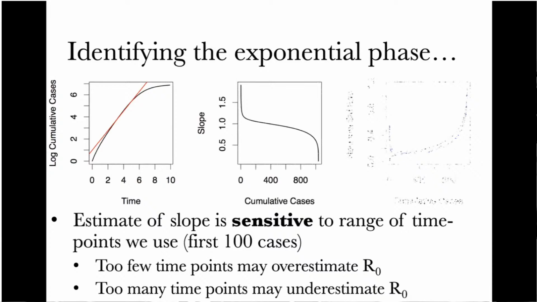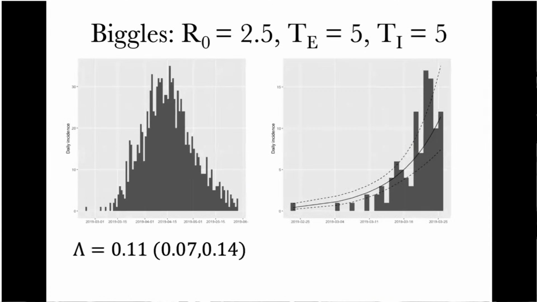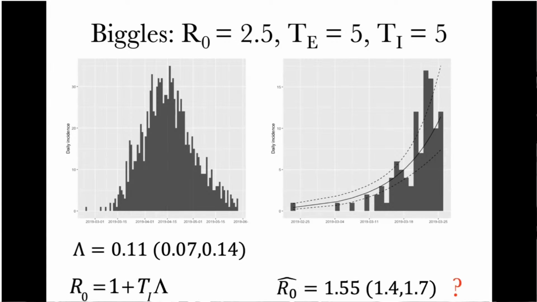And we get that to be about 0.11. When you use our earlier R naught formula and plug that in, you get an R naught of roughly 1.5. But we know it should be 2.5.